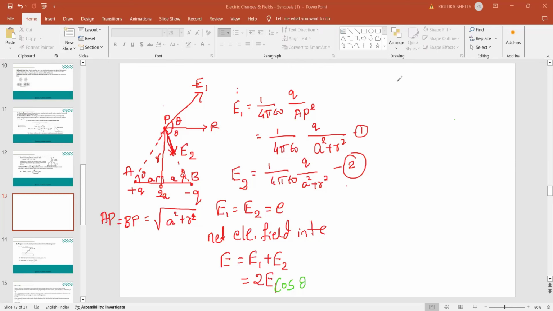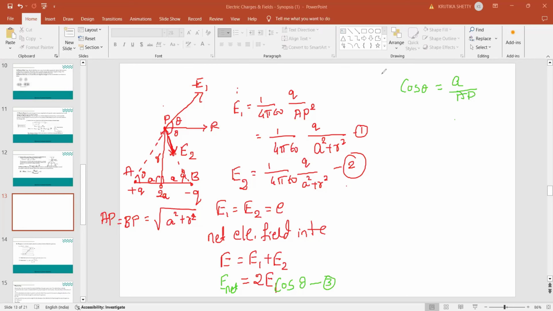Now once you find out the value of cos theta, you can substitute in equation 3. I am taking this as equation 3, so this is my net electric field intensity. Cos theta is equal to what we can write? From the figure it is nothing but small a divided by AP.